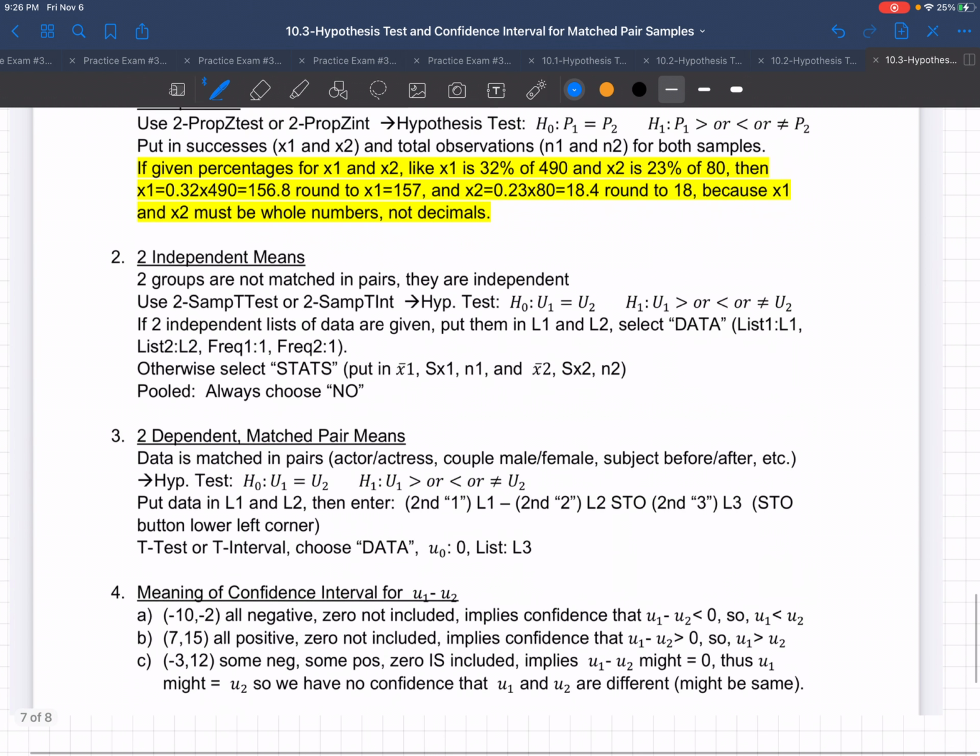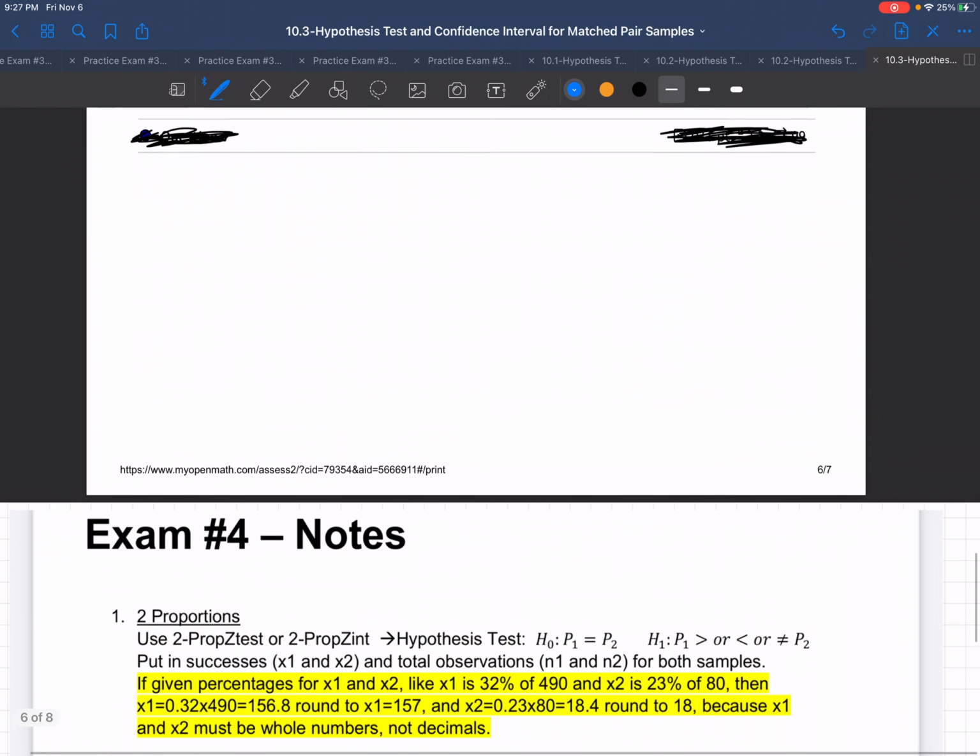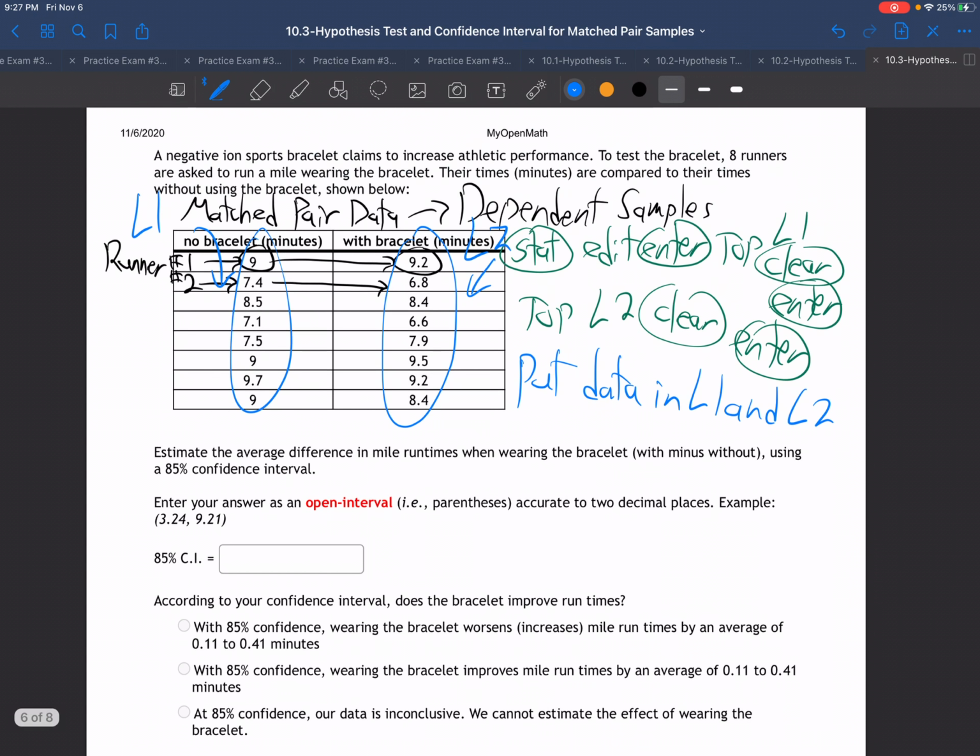Looking right here, it says put the data in L1 and L2, then enter second 1 minus second 2, which will put L1 minus L2 on the screen, store, which is second 3, into L3. The store button is in the lower left corner, right above the on. So that's what I push. Let me write that down here.